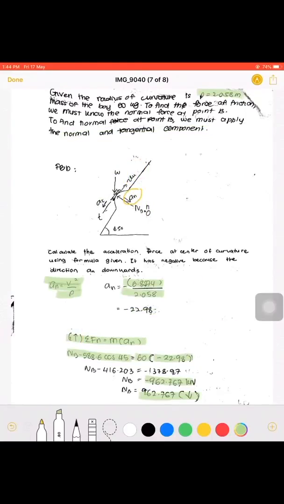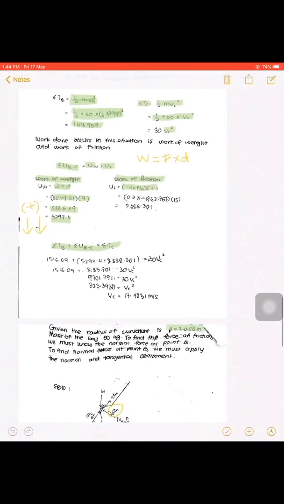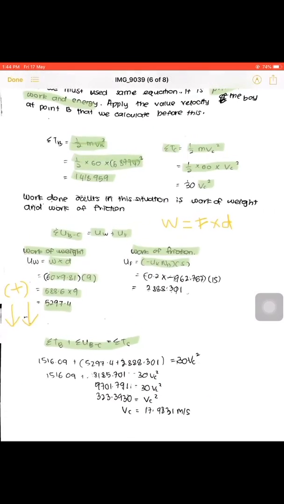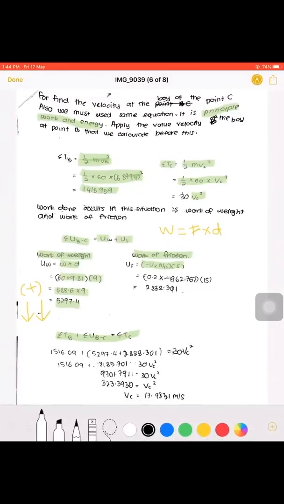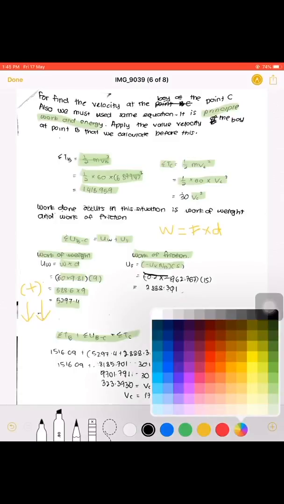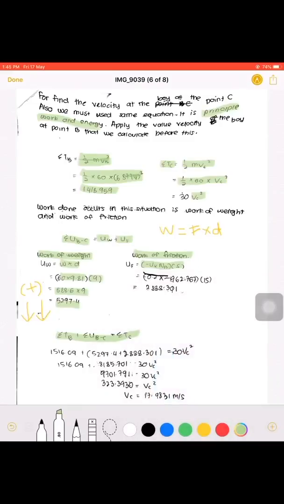After we get the value of the normal force at point B, we can find the work of friction. We substitute into the work of friction formula: negative 0.2 is the coefficient of friction.